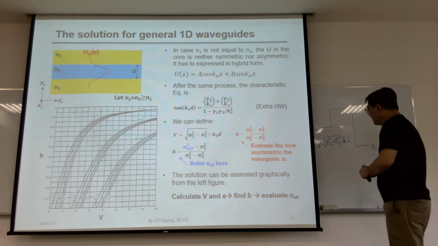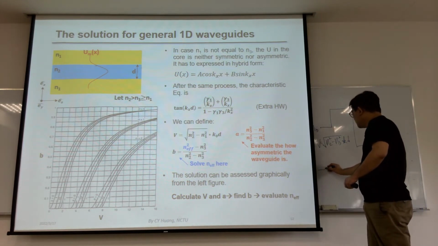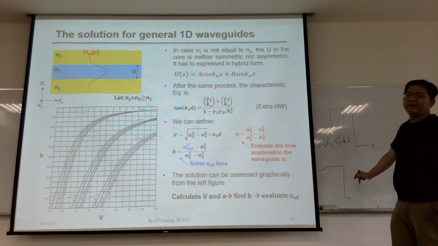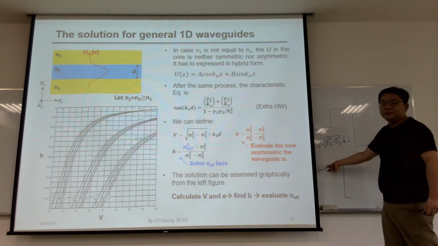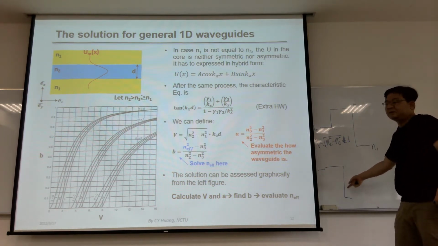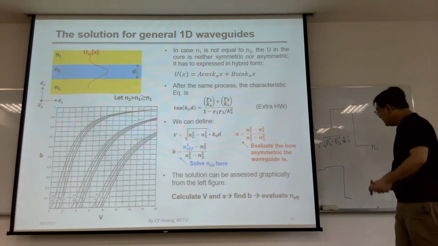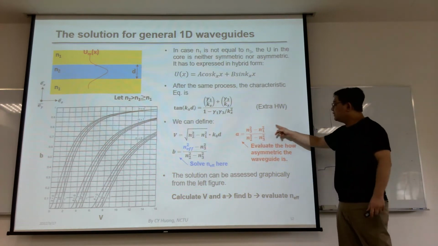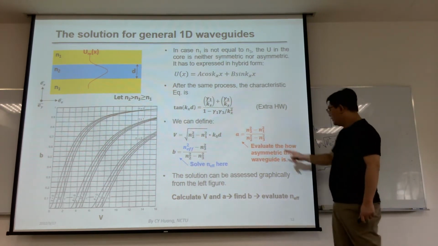Alright. Second, if N2 is very close to N3, but N2 and N1 differ by a finite amount, for example, the waveguide looks like this. Okay, so this is also a very bad waveguide. You have only a small difference at one side, but a finite difference at the other side. So in this case, N3 minus N1 is a finite value. This is N3.